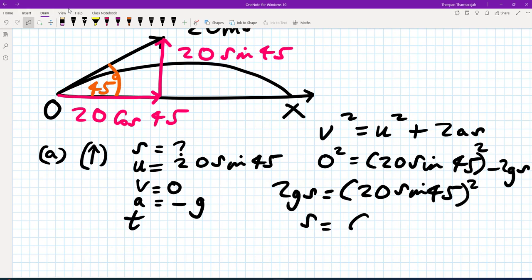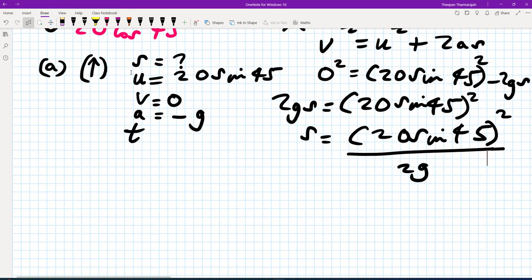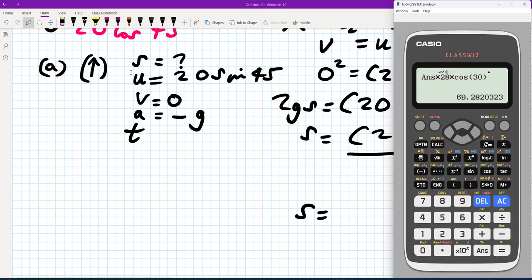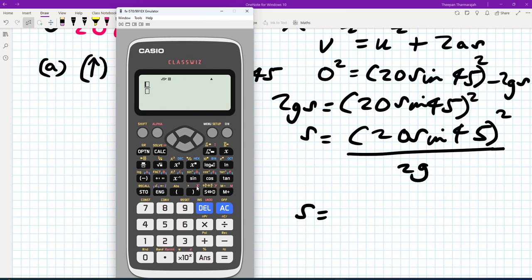So we can do 20 sine 45 all squared divided by 2g, and we can get our answer on our calculator. So that's going to give me, if we move my calculator over here, and we're going to round our answer to 3 significant figures.